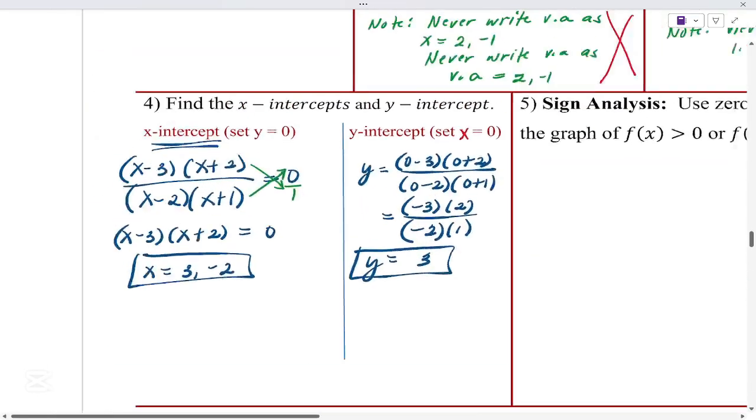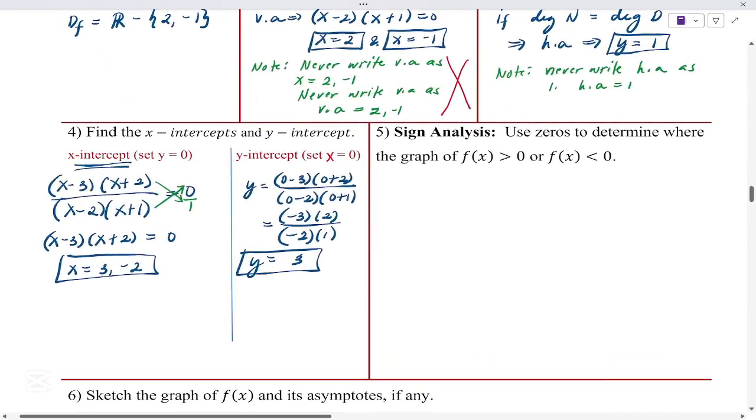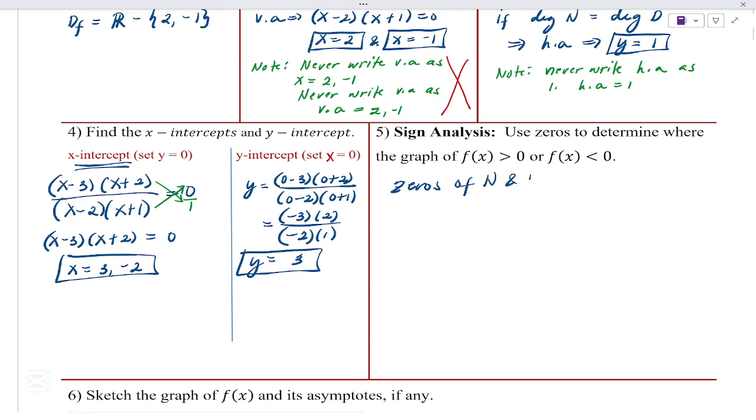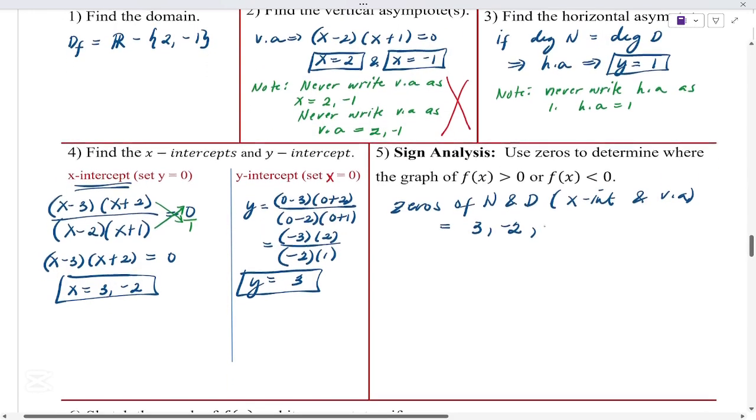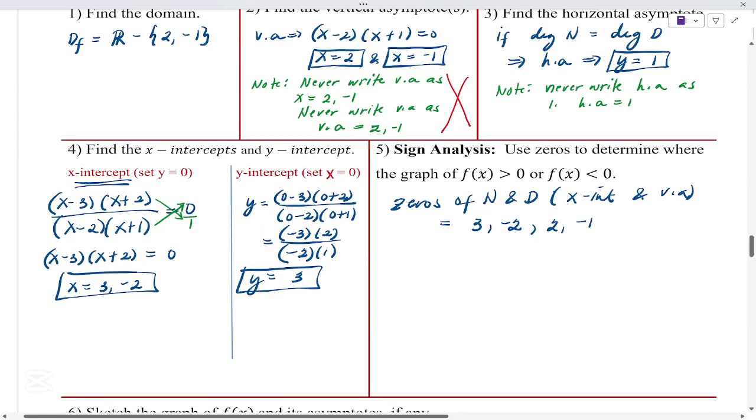Now let us do the sign analysis by using the zeros of the numerator and denominator. These zeros are the x-intercepts and the vertical asymptotes. If we list them, the x-intercepts are 3 and negative 2, and the vertical asymptotes are positive 2 and negative 1.